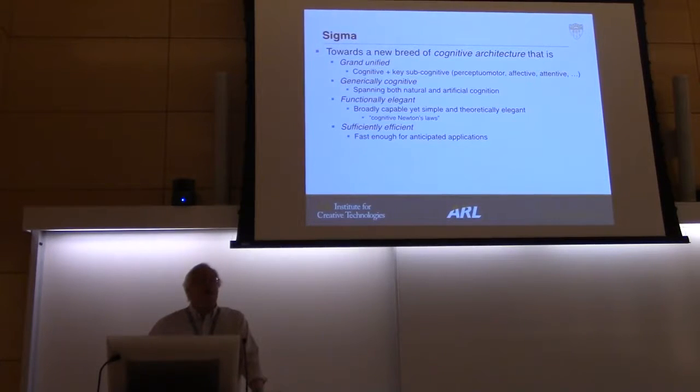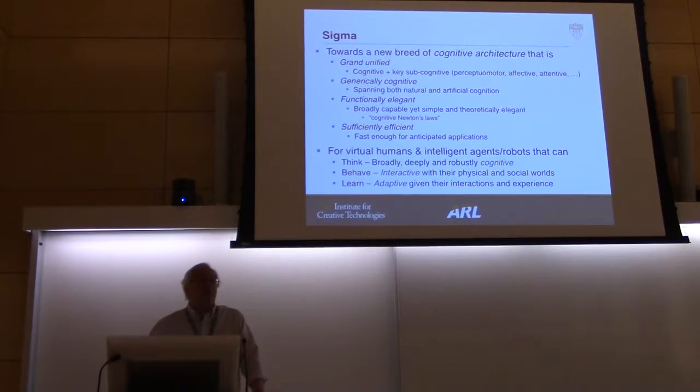Functional elegance is where we're trying to build these systems by starting with a small general set of primitive mechanisms and getting the diversity of intelligent behavior by the interactions among those mechanisms. And sufficient efficiency says pretty much what it is, that is, it needs to be fast enough for the kinds of applications we're anticipating. So ultimately, we're trying to get to a system that can think, that can behave appropriately both in physical and social environments, and mixtures of those, and learn appropriately from its experience.